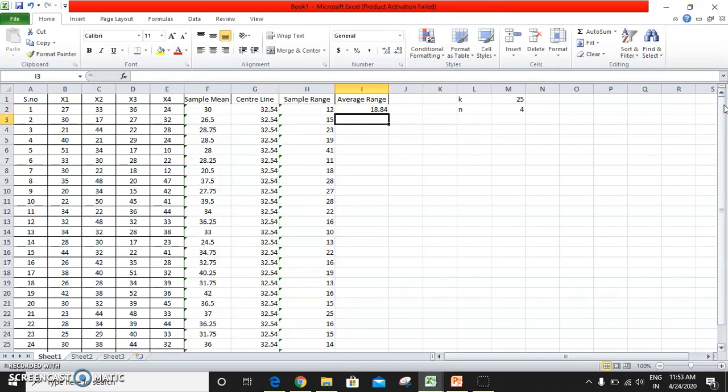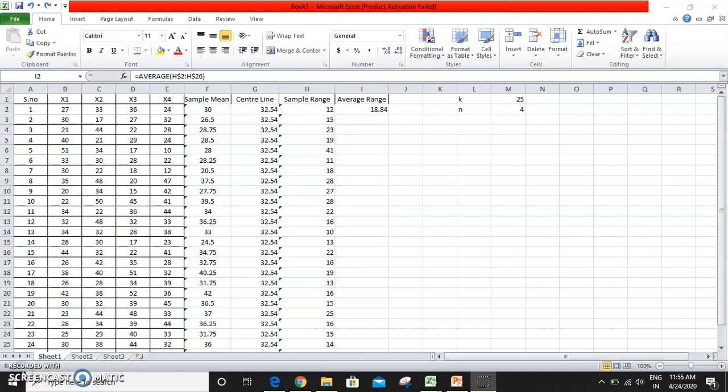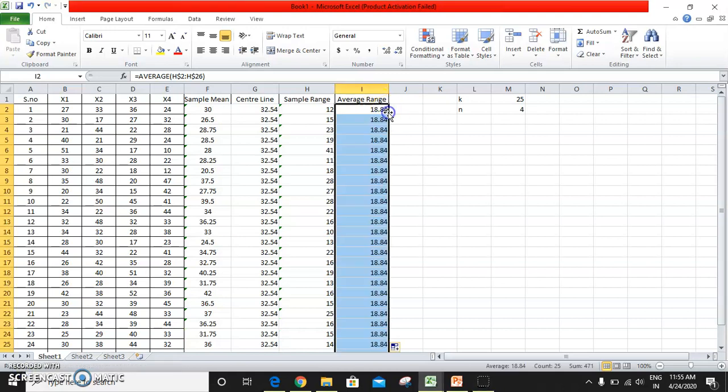So this becomes your average range. Because this average range is going to be applicable for all the samples given, you just have to click and you'll get the average range value. So this way we found the average value from the sample range, and by double click we'll get it for all the rest of the sample.